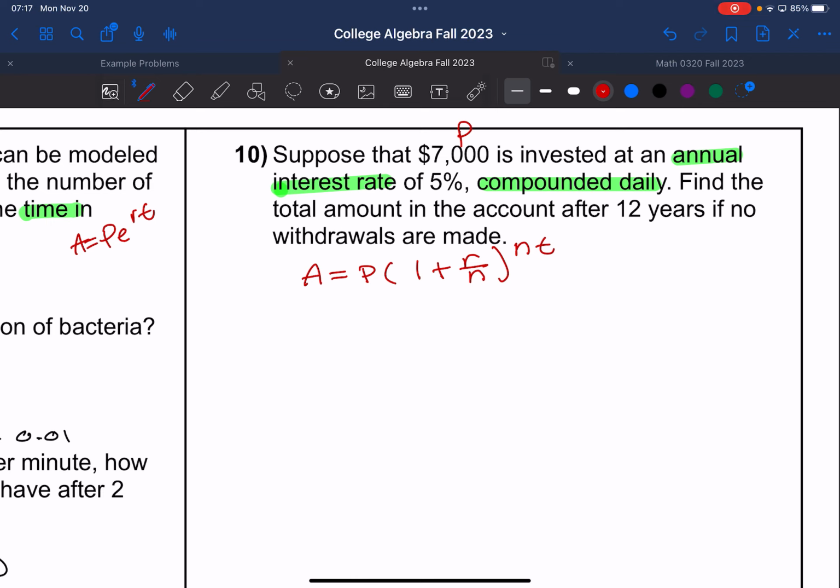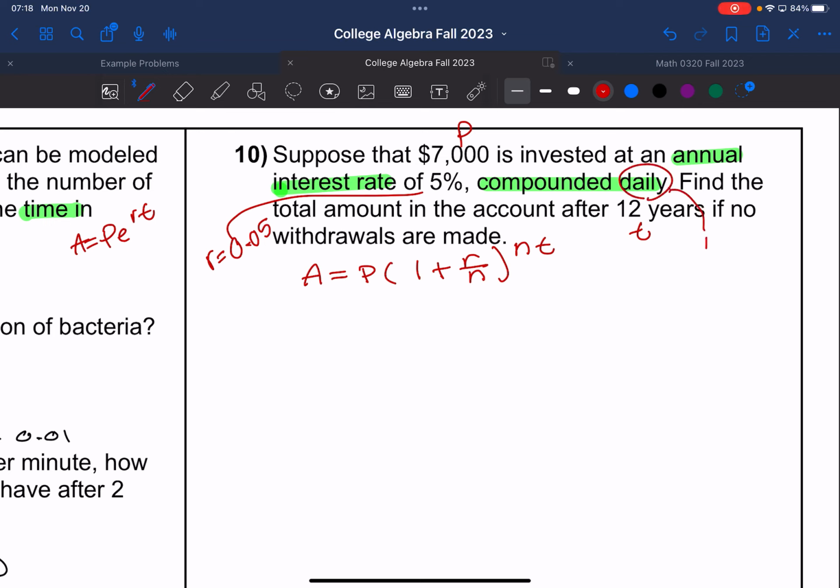5% would be our what? Our rate, and how do we turn that into a decimal? 0.05. Remember, divide by 100. Okay. 12 years would be our what? Our T. And then this says compounded daily. So how many days are in a year?